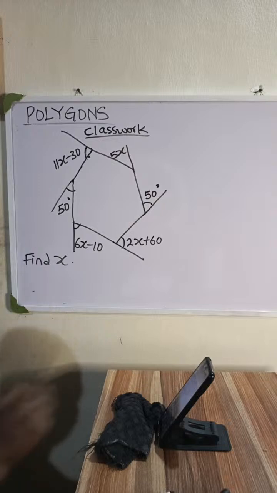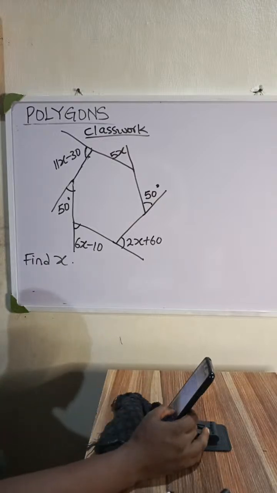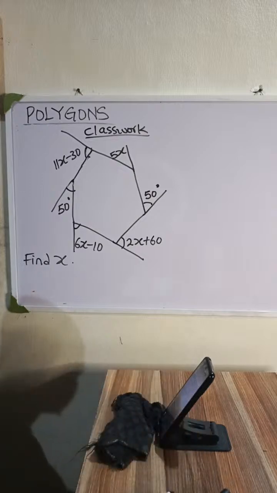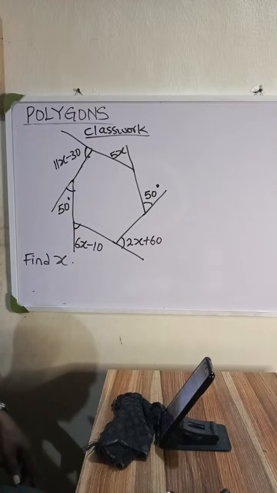Okay, so how many persons have gotten the answer? Richard has gotten the answer. Confidence has gotten the answer. Humble has gotten the answer. Richmond has gotten the answer. Who else? Daniel, you said 0.2. Is that the answer you are trying to write?